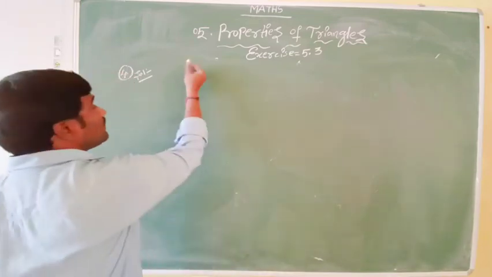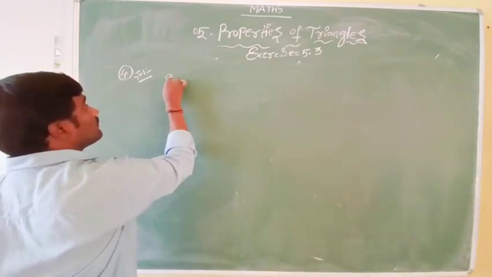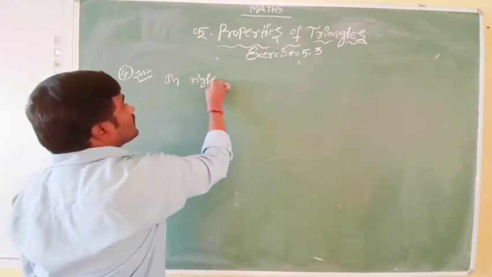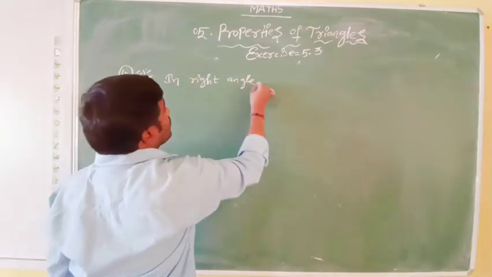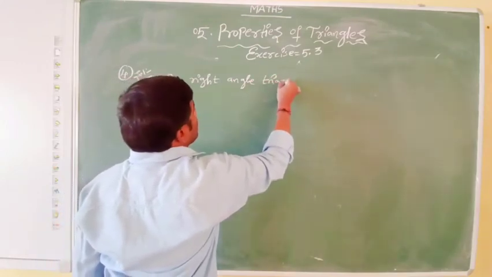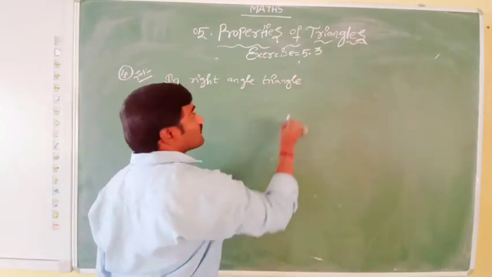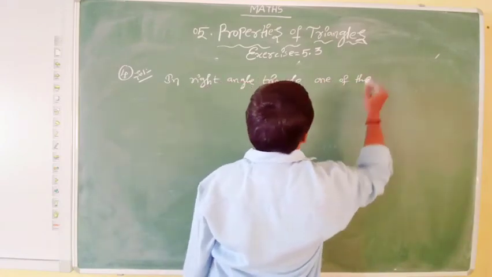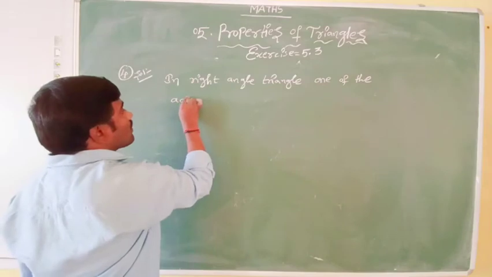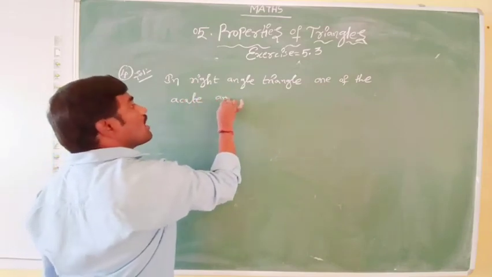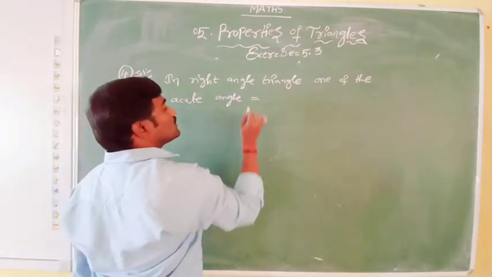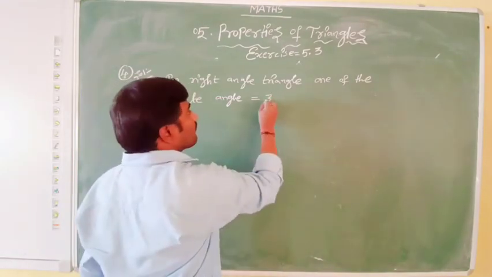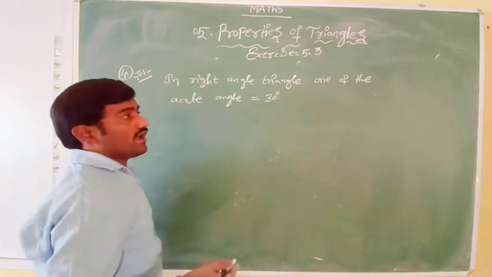In a right angle triangle, one of the acute angles is equal to 30 degrees, which is given. Then we need to find out the other acute angle.